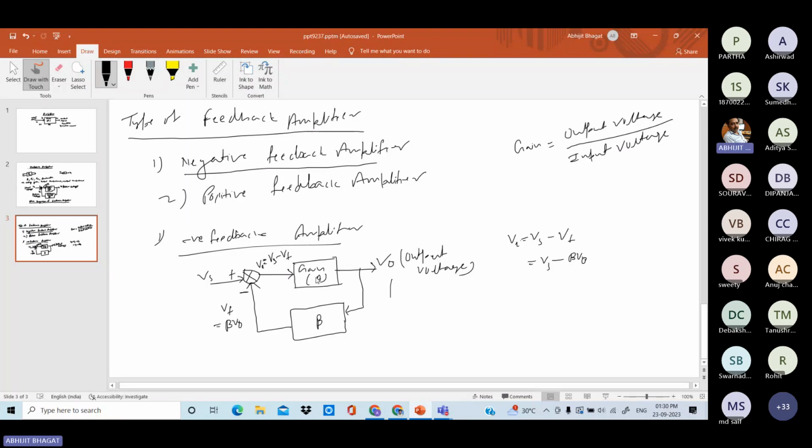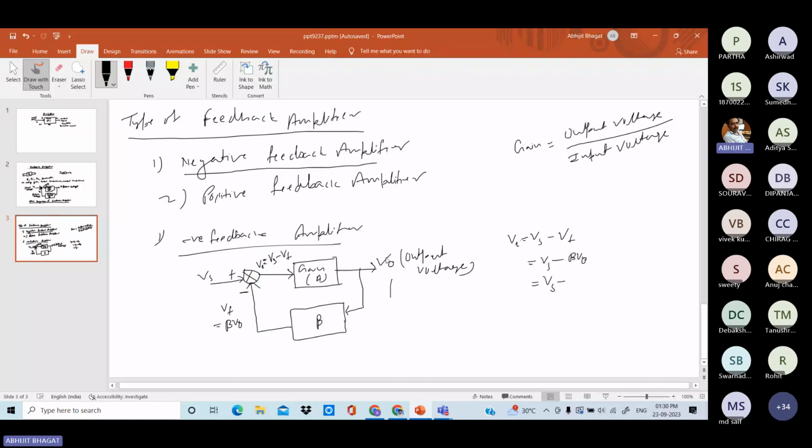So previously, when you are not using the feedback, the gain is A. Now, due to the beta, this gain will be changed. And now what is the gain? That gain you will calculate by output voltage V0 by Vs. So here, Vi is Vs minus beta V0.